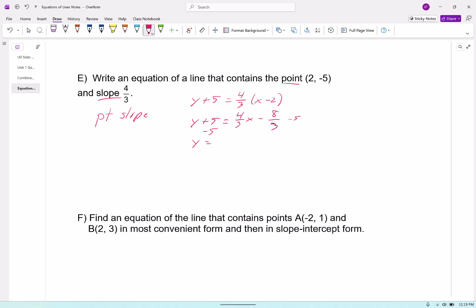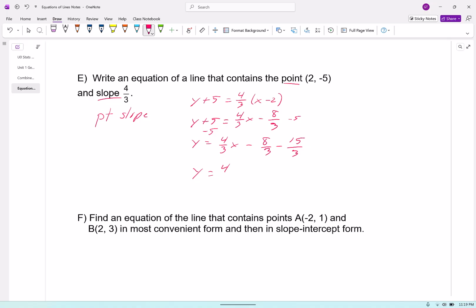So I'm going to get y equals 4/3 x, and so I got minus 8/3, and then minus 15/3, because I have to have like denominators in order to combine them.